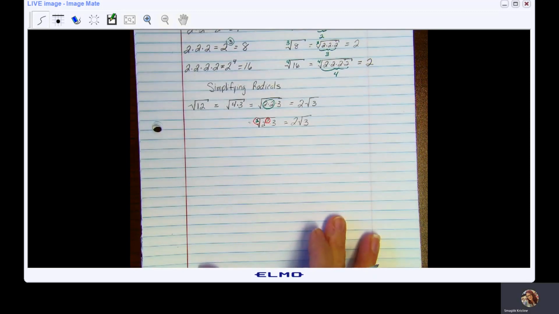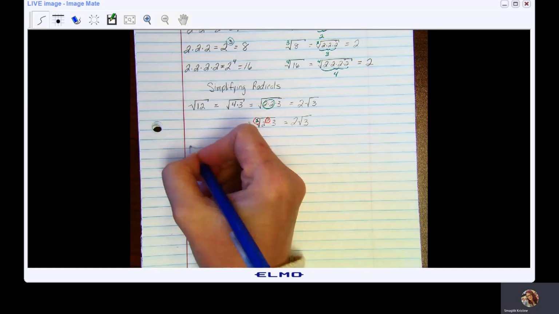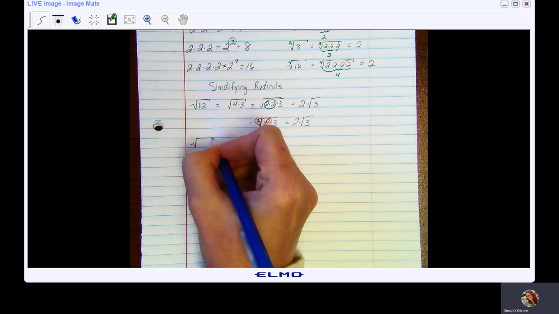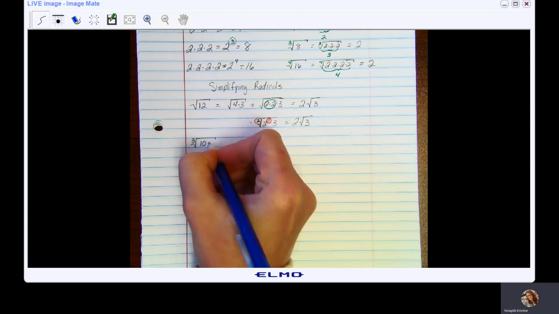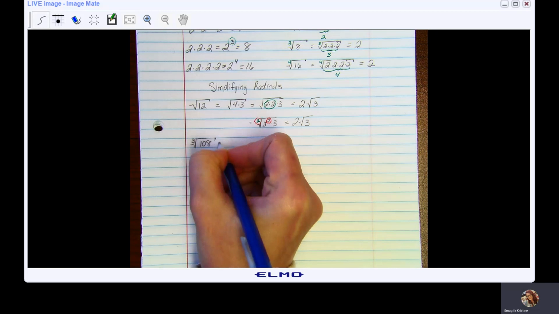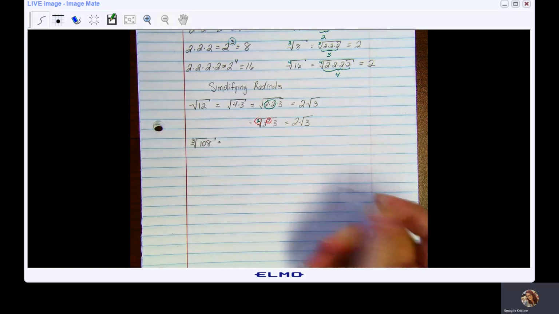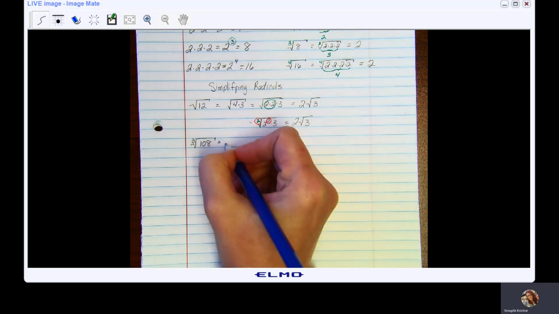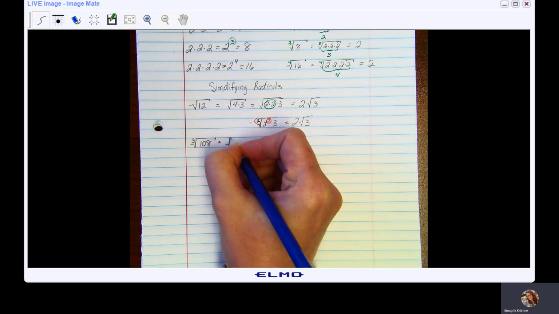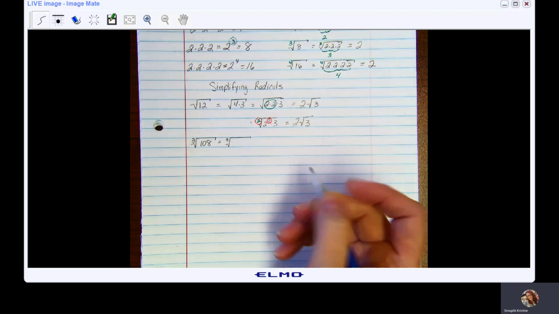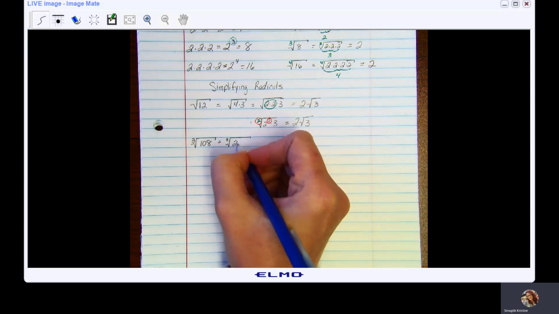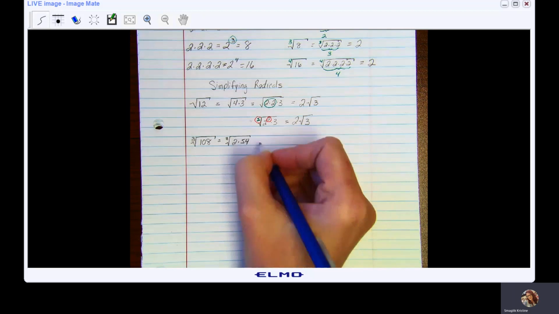Let's look at another. Let's do the cube root of 108. Now again, you can factor 108 a few different ways. Whenever I see an even number, I think, okay, it's divisible by 2. So I'm going to start breaking it down, divide it by 2. That's going to be 2 times 54. And again, keep running with it.